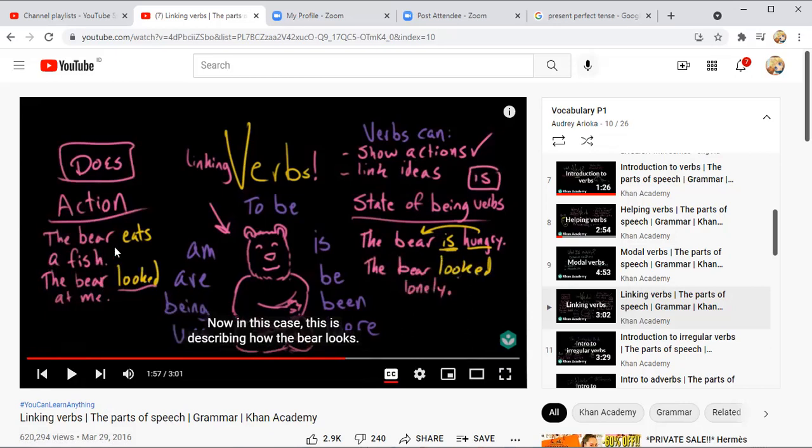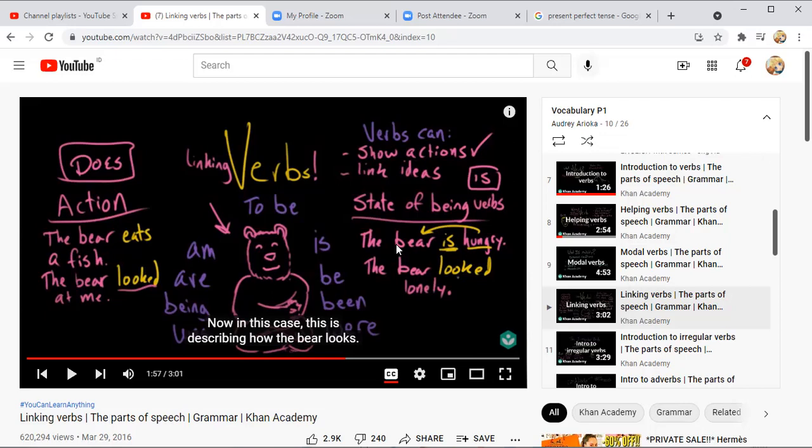So besides what we've been talking about, the first example is similar to my example, right? Example pertamanya ini kan like the bear eats fish, like I am doing homework. It's similar. We are doing something, right? Action. And then my state of being is I'm sleepy because of doing homework.